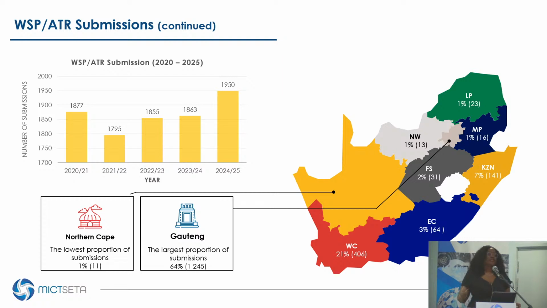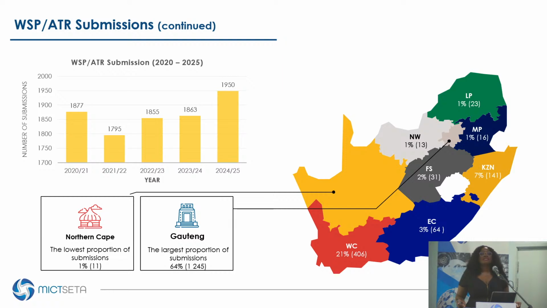This also supports your DG grant applications. In terms of the DG grant window, we're able to see where people are located, in terms of the skills that are needed in that area or in that province. The same picture you see here is the same picture you'll see on the DG grant budget. Most of the programs or the spend is actually in Gauteng, where there is the greatest demand.